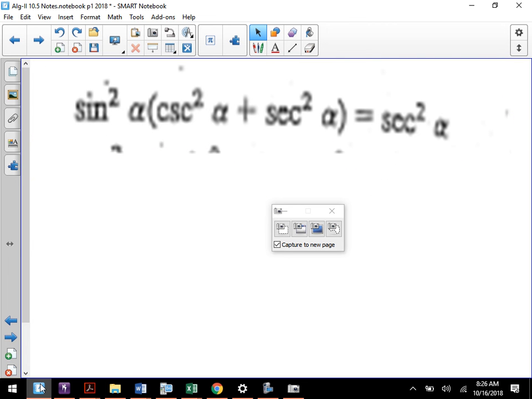Yeah, you'll do stuff like this. Sine squared of A times the quantity cosecant squared plus secant squared equals secant squared.